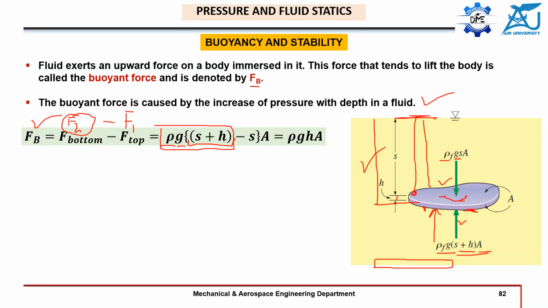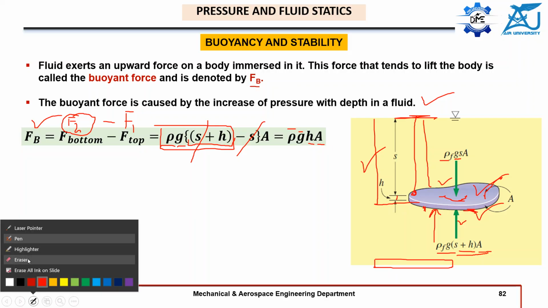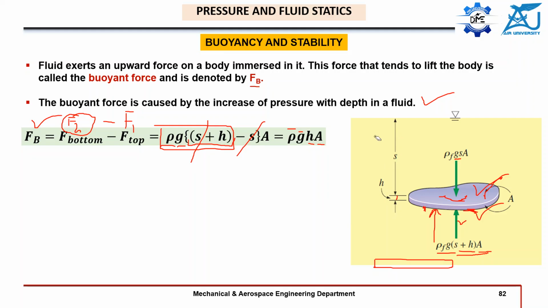When we subtract, rho g is constant, and the areas are the same, their magnitude is the same. So we have taken it common and solved it, and we are left with rho g h A. Now tell me, what is this h times A? What does this indicate? H multiplied by A.